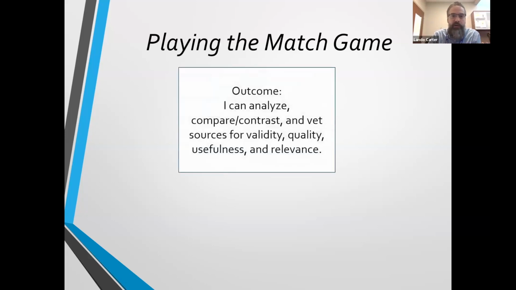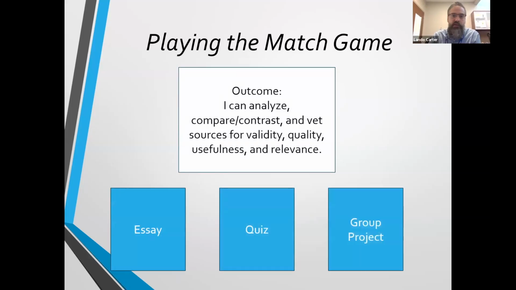I have my outcome, and then all the myriad options of how they may show us. These are only a few samples. What are the best ways, in your view, these options or others, that my students could show me proof that they know it and can do it? So jump in there with me and see what you think.